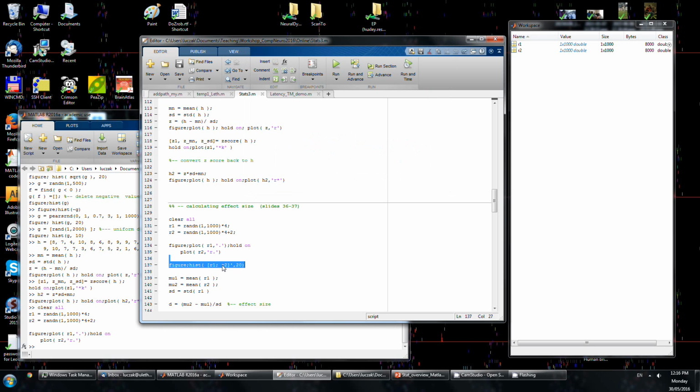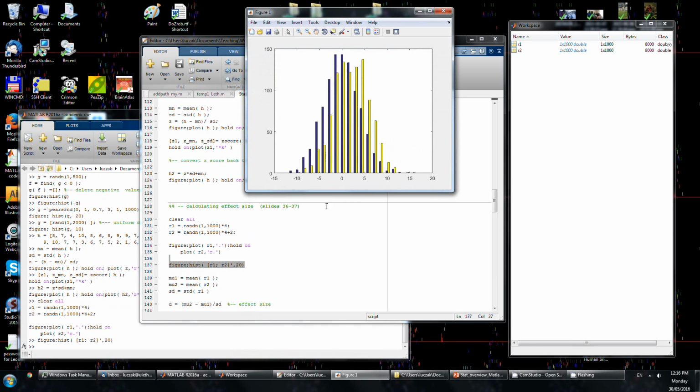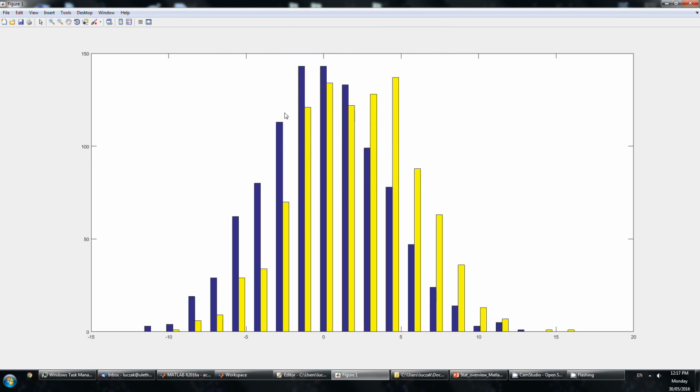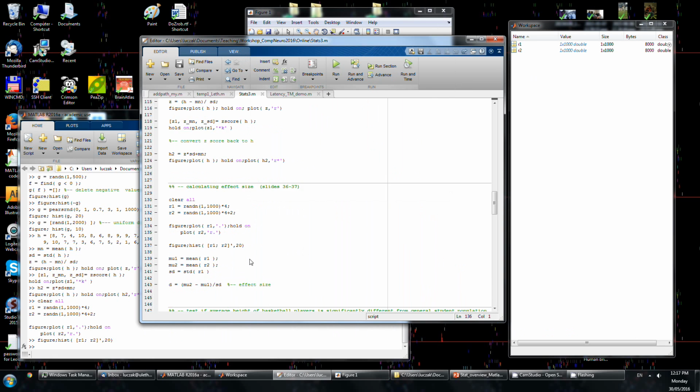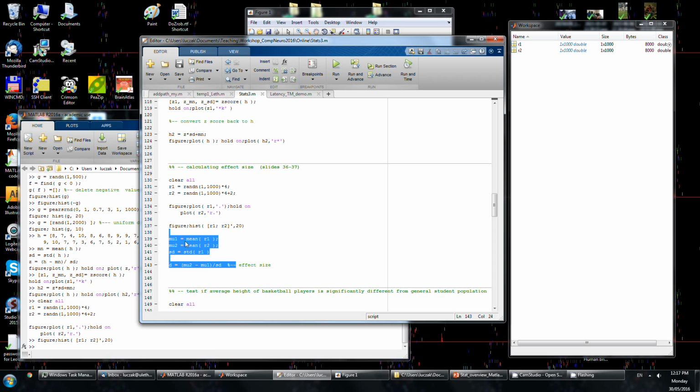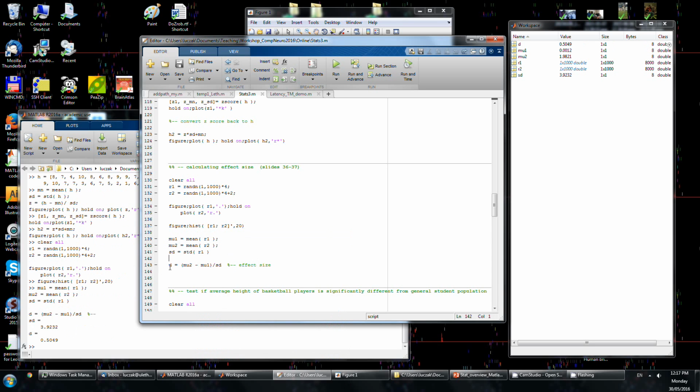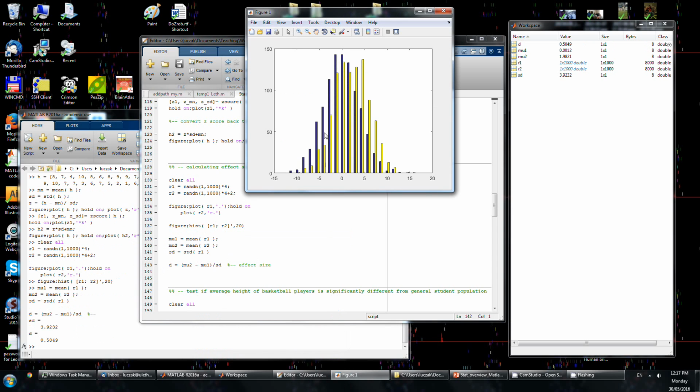But if I plot a histogram, then it's a little bit easier to see that this is the first distribution, this is the second distribution, and consistently one distribution is shifted more to the left and the other more to the right. We can calculate the mean of both distributions, and D, the effect size. In this case the effect size was 0.5. As we remember, it is considered quite a significant effect size.